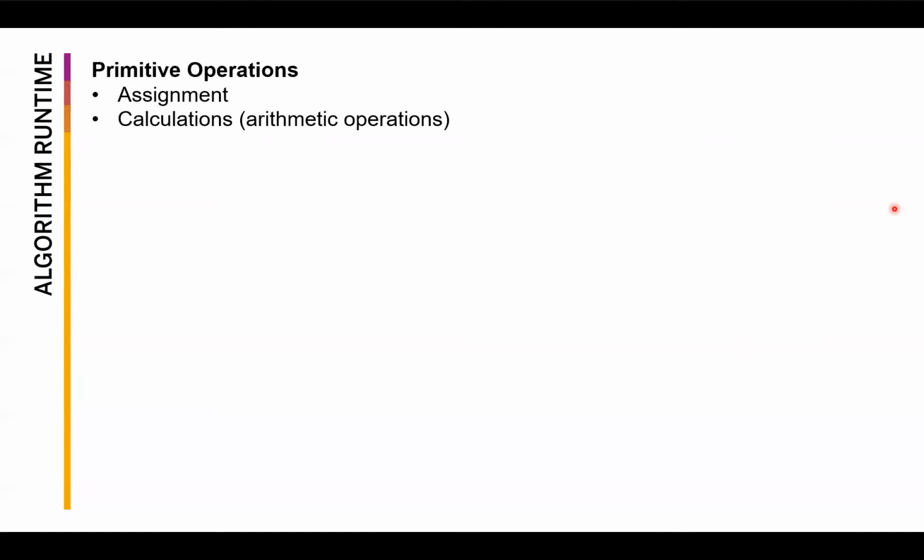We also do logical comparisons. If your algorithm does a is greater than b, or if statements, if a is greater than b, then that condition, performing logical comparisons will also be counted as an operation.